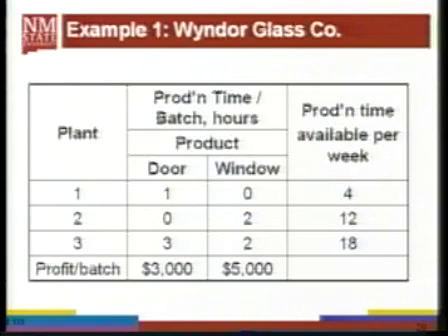So in any linear programming model, the decision variables should completely describe the decisions to be made, right? So in this case, clearly the decision maker in this window company must decide how many doors and windows should be produced each week. Is that right?